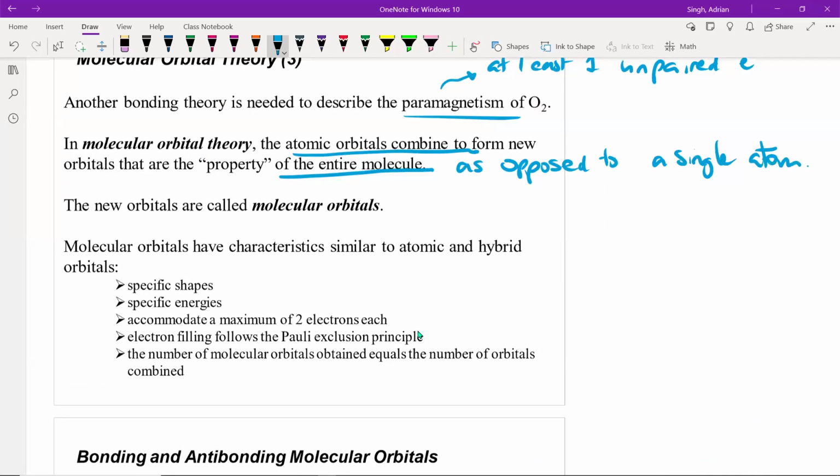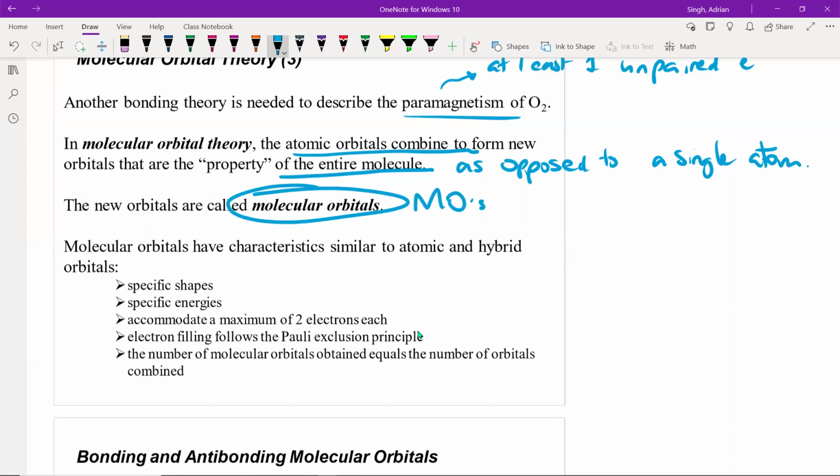Okay, so the name itself actually tells you what it's about. We're looking now at taking atomic orbitals from the atoms that make up the molecule. We're going to combine them to form orbitals that belong to the entire molecule as a whole, right? So these new orbitals that we make are known as molecular orbitals or MOs.